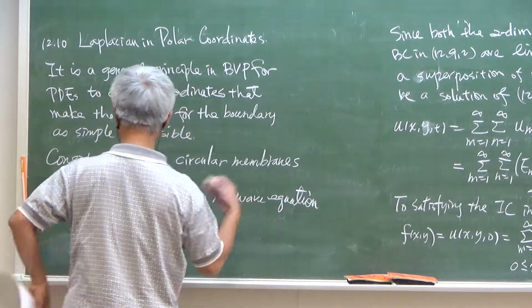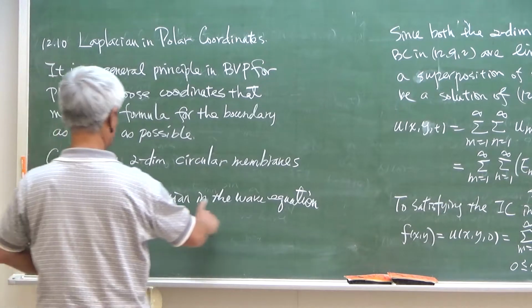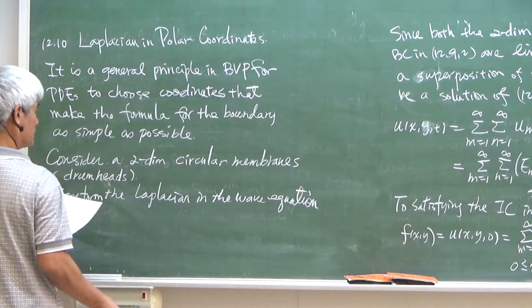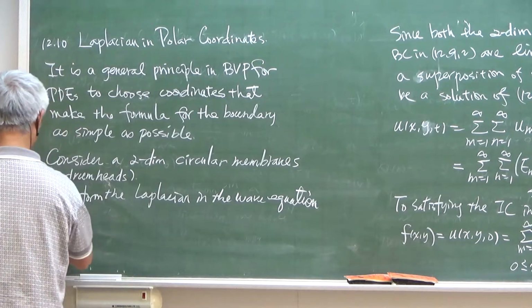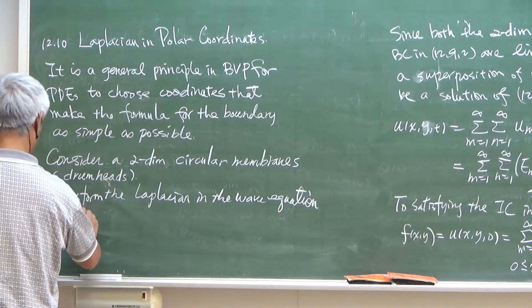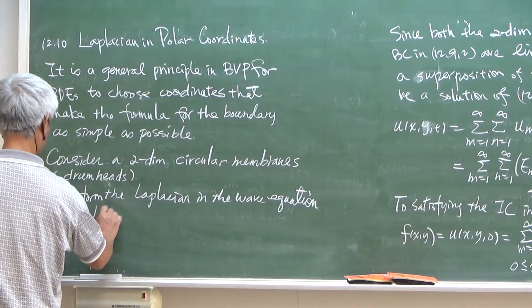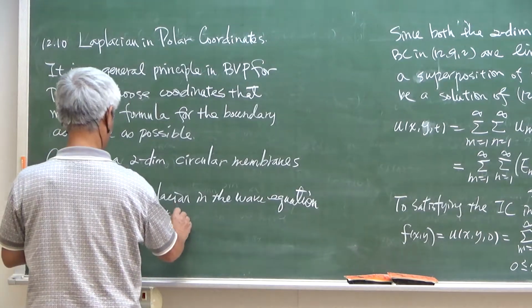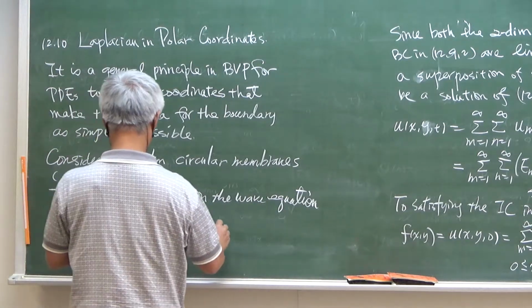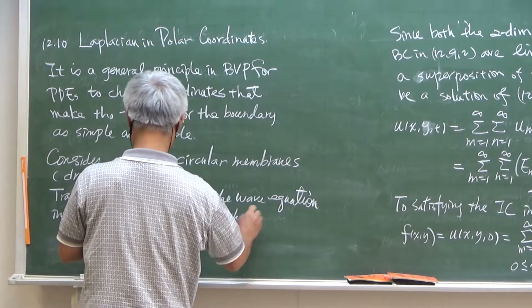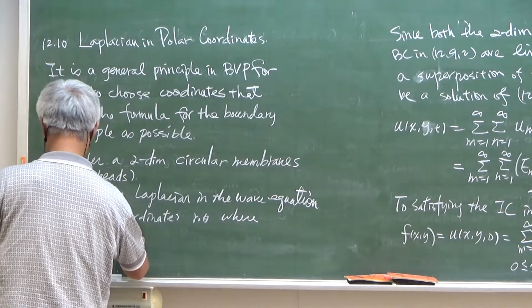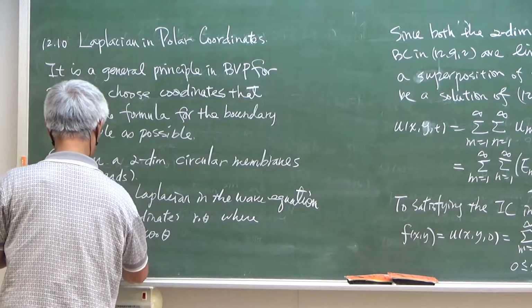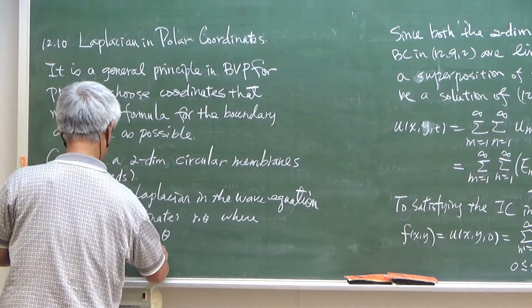Okay, as we know from geometry, we will transform the Laplacian in the wave equation into polar coordinates r and theta. We specify that x is equal to r cosine theta, and y is equal to r sine theta.